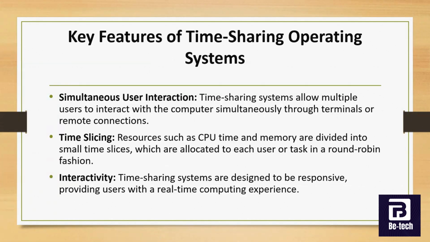Now, the key features of a time sharing operating system. First, simultaneous user interaction, as we have already discussed: many users can access the same system simultaneously. Okay, time slicing.